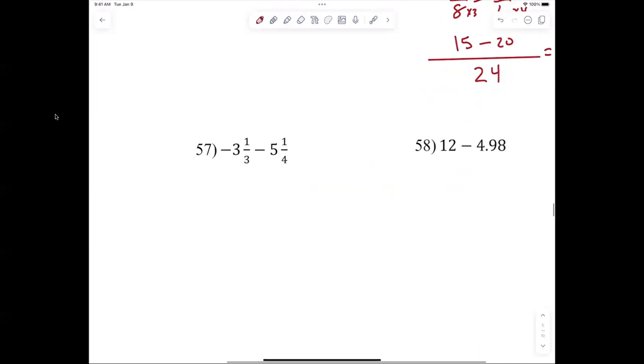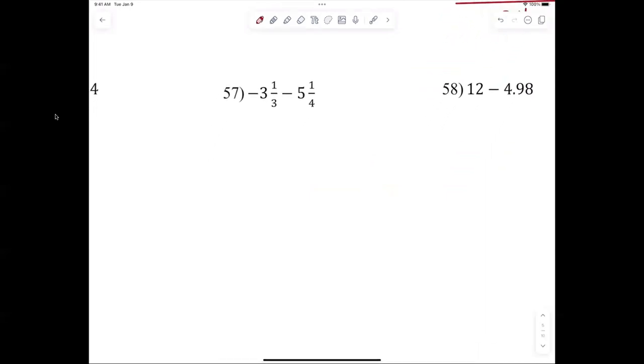Now for 57, am I adding or subtracting these fractions? You're adding them, correct? Now, for me personally, I think sometimes it's easier to just say, what's 3 plus 5? So I have -8 to start out with, correct? And now I'm just adding 1/3 plus 1/4.